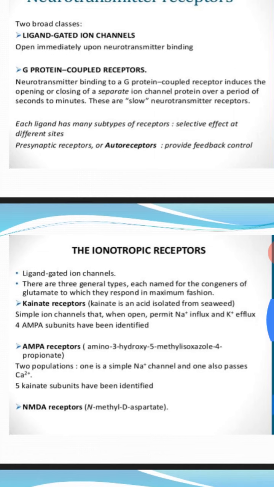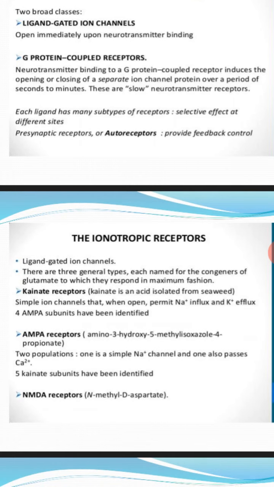For example, the G protein, then kainate receptors, AMPA receptors, NMDA receptors. Sometimes they ask you to write the full form of NMDA receptor, then you write N-methyl D-aspartate. This is the full form.